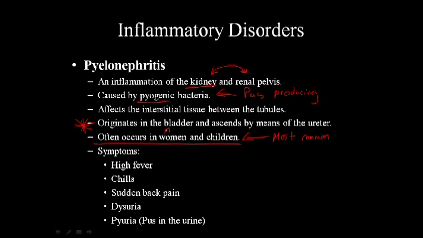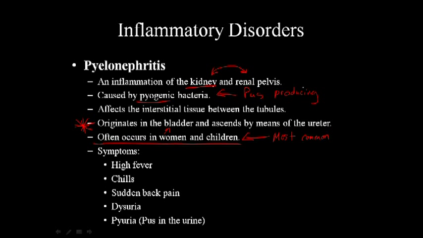And any time that it can get into the bladder, it has an excellent chance of making it to the kidneys. Men have a longer urethra, which means that it's harder for bacteria to make it into the bladder. That's typically the reason there, and much the same for children as well.